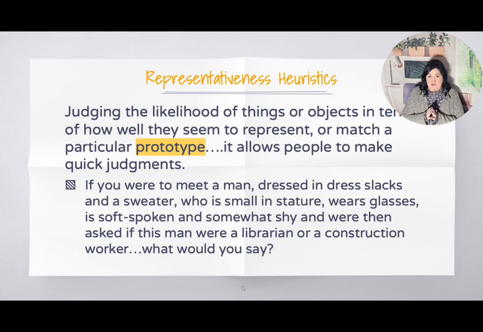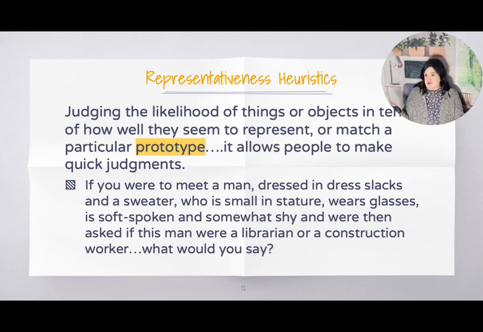If you were to meet a man dressed in slacks and kind of an argyle sweater, who's small in stature and wears gold-rimmed glasses and is somewhat soft-spoken and a little bit shy and timid, would you say that that man is your prototype for a construction worker or perhaps a librarian, right? Which fits the prototype of librarian better?